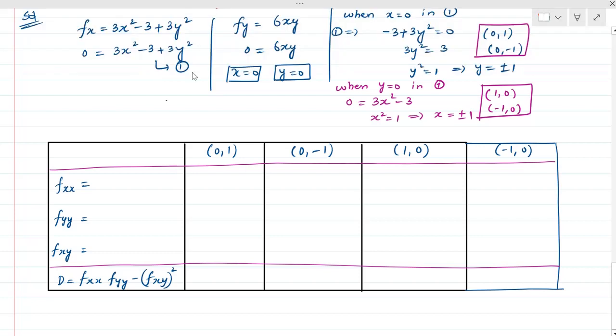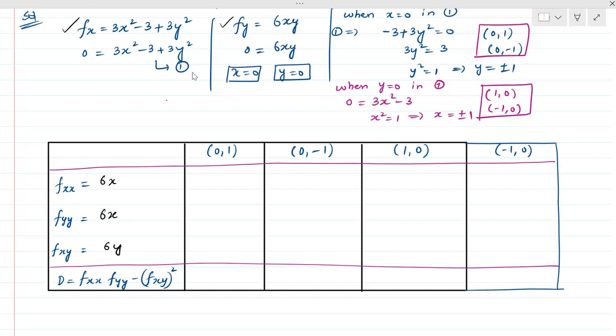Now what is the derivative first? Differentiate with respect to x. Again with respect to x, 6x. That's it. When you differentiate with respect to y, it becomes again 6x. Then when you differentiate this with respect to y, it becomes 6y. Substitute the points.